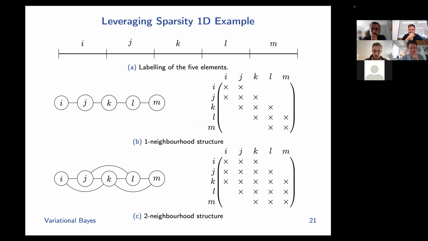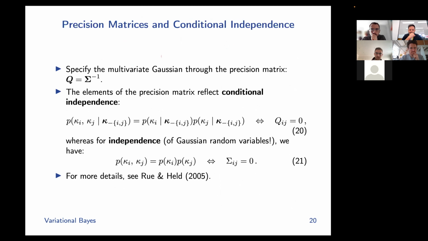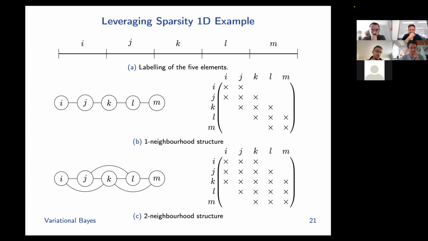In terms of choosing which components we want to have as independent, we can choose it based on the problem. Given that we use finite element specification, we've used that structure to inform how we specify the non-zeros of the precision matrix.